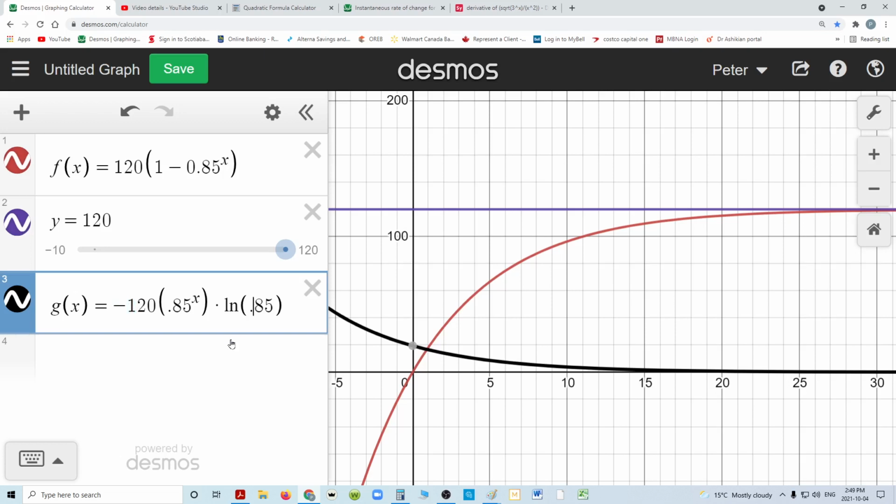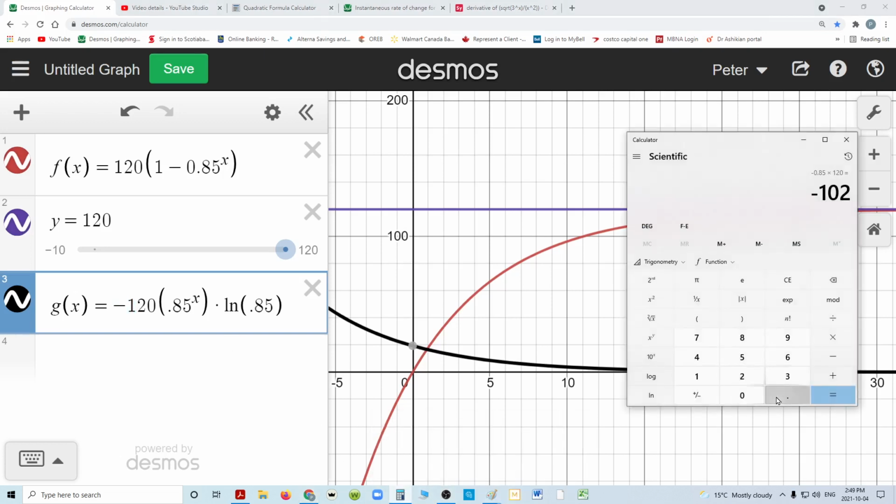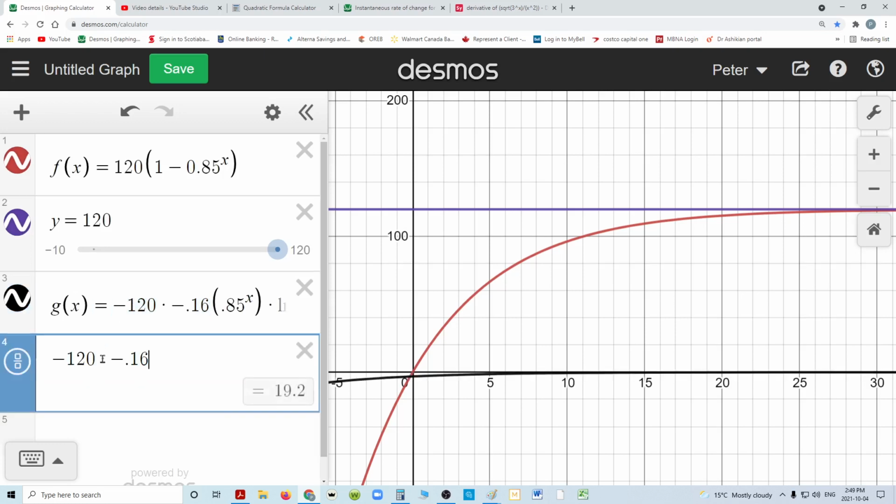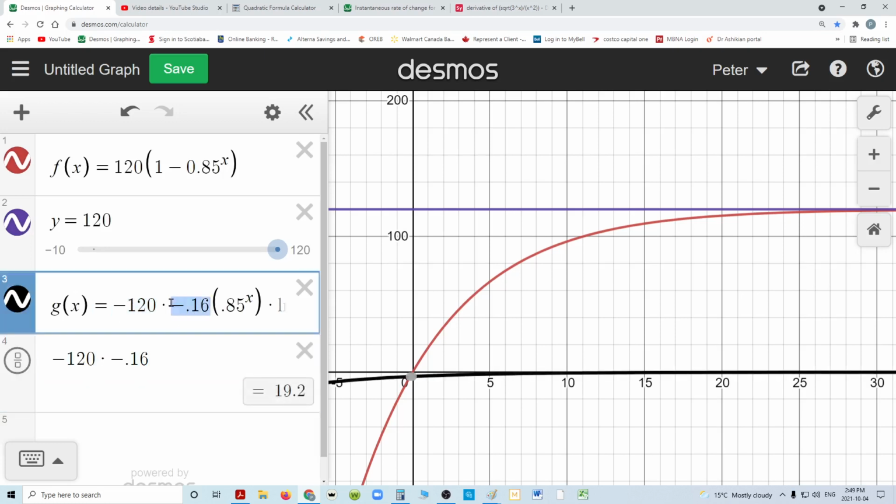But this ln 0.85 might also create another flip, right? So you've got to figure out what ln 0.85 is. Yeah, it's negative 0.16. So if I multiply that by negative 0.16, this becomes positive 19.2.